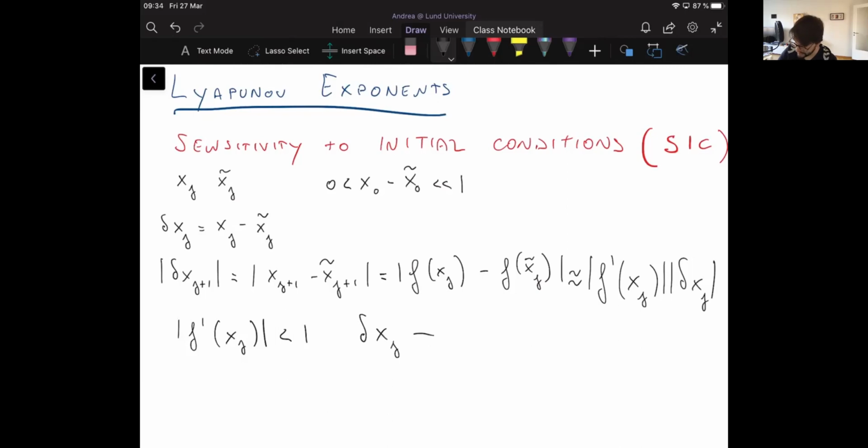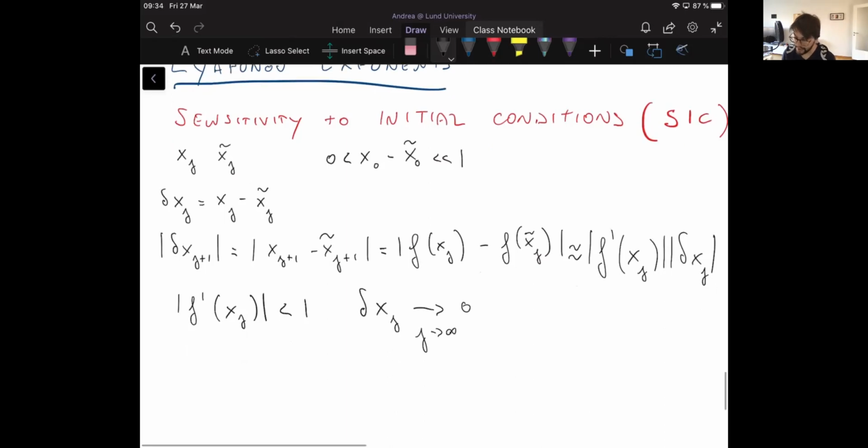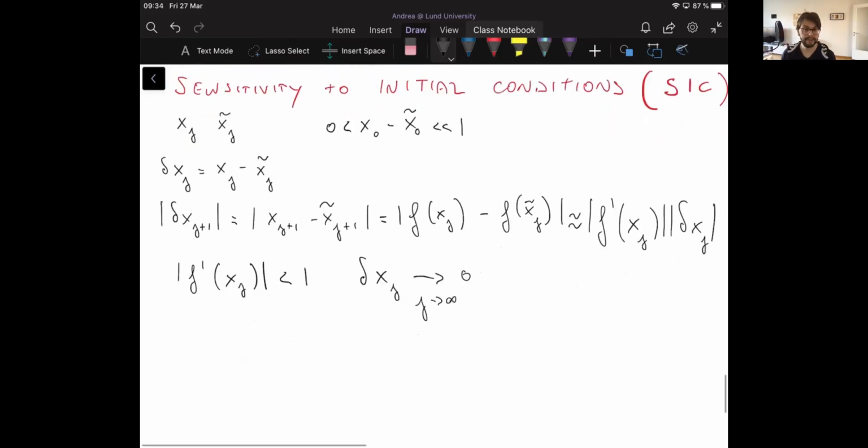So it will tend to 0 for j that goes to infinity. Okay? So this cannot make sensitivity to initial condition, because if I start from 2 points which are slightly close to one another, they will approach one another. So this is definitely the opposite of sensitivity to initial condition.